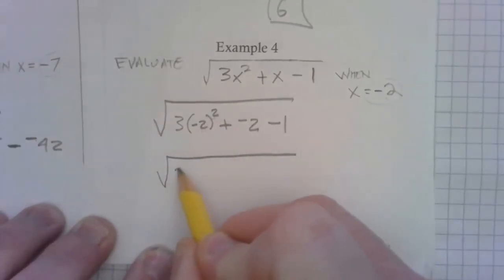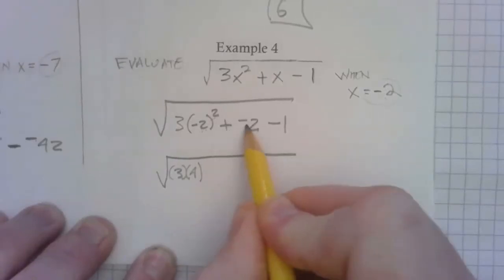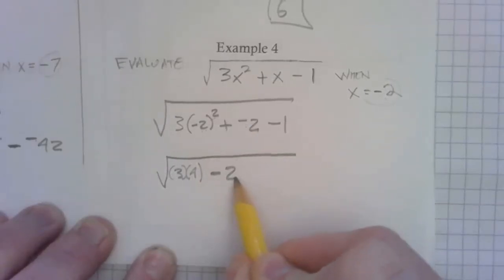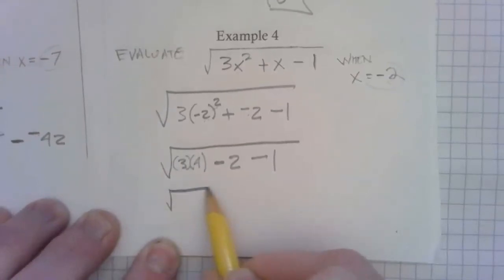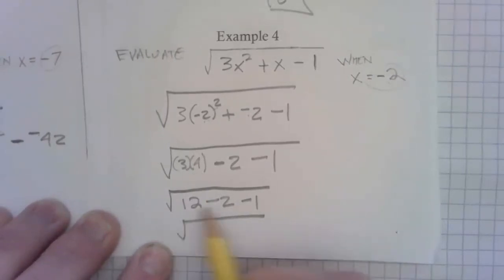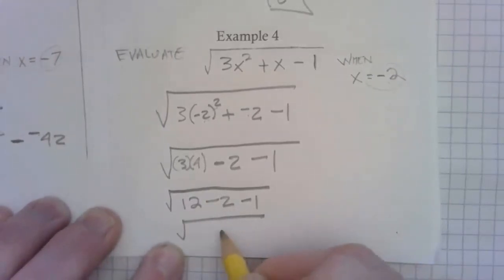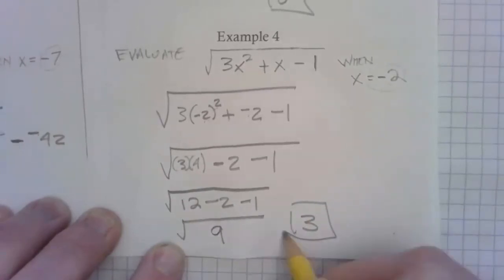So this is really just 3 times 4. Plus a negative 2, that's really just minus 2. And of course we still have minus 1. So I have 12 minus 2 minus 1. So 12 minus 2 is 10. 10 minus 1 more is 9. And yes, the square root of 9 is just 3.